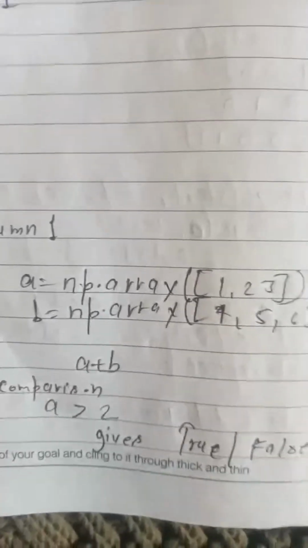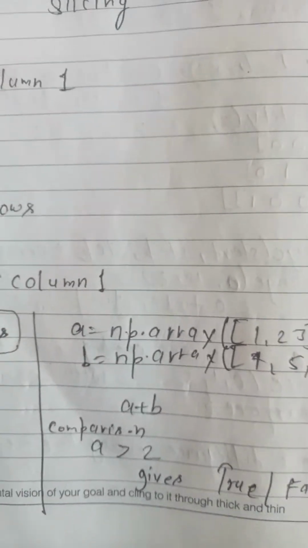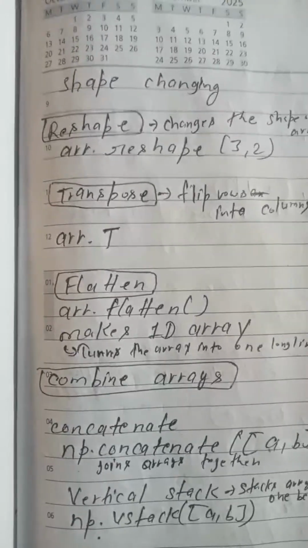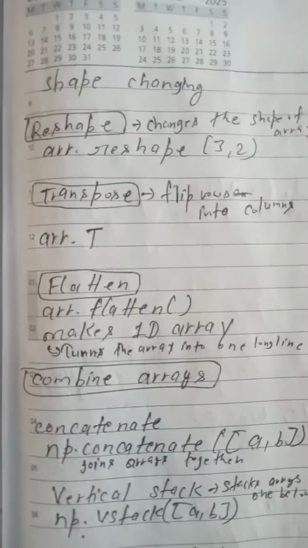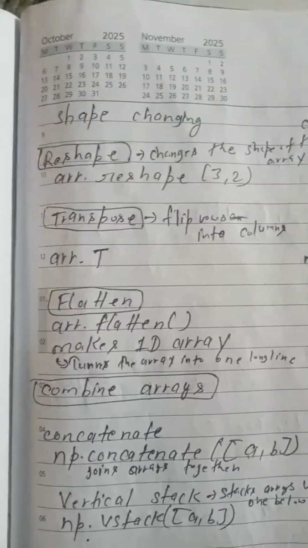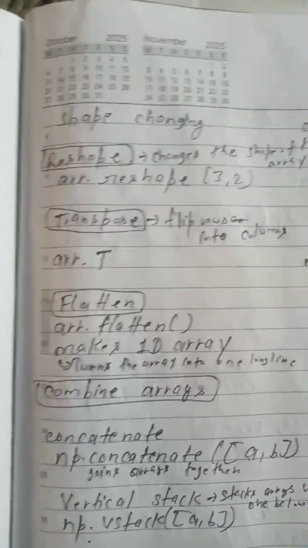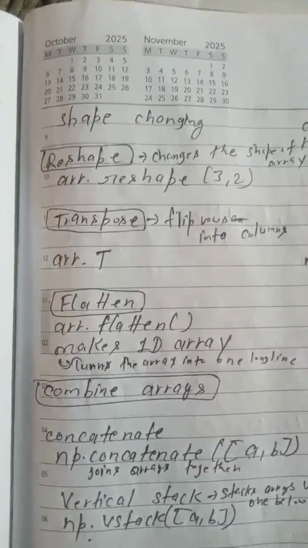Here are our arrays, and here we are adding two arrays, then comparing, then getting some meaning from that. Then we are reshaping the matrix, changing the shape of the array. So array.reshape, and we want to reshape like that, 3 rows and 2 columns.